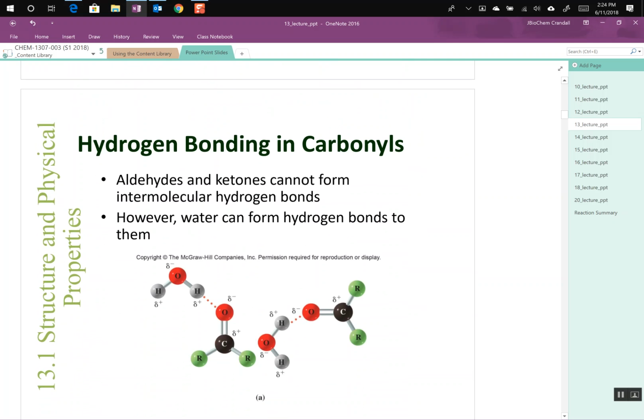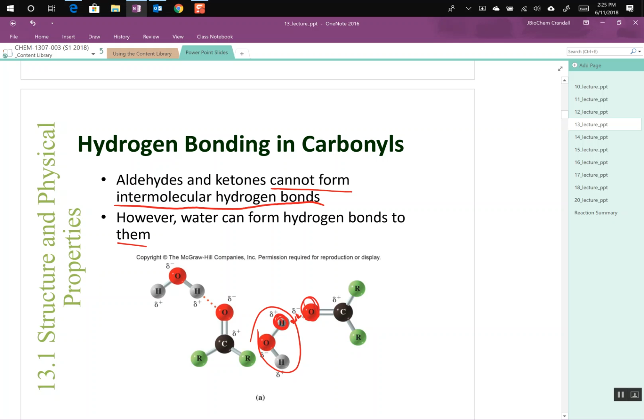Okay. So they cannot form intermolecular hydrogen bonds, but water can form a hydrogen bond to them. So if I had a water molecule that does hydrogen bond, then the hydrogen of the water could hydrogen bond to the carbonyl oxygen there.